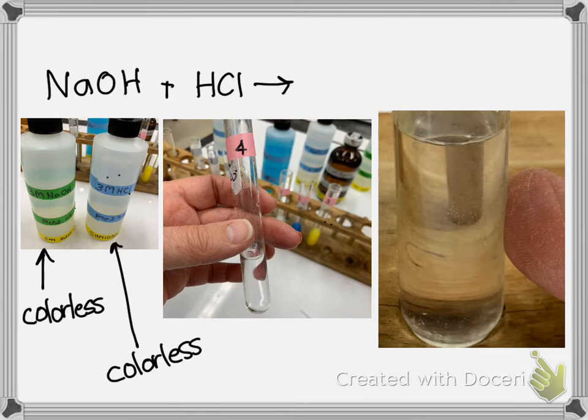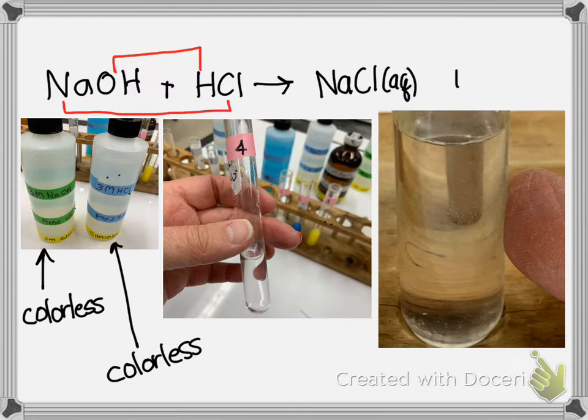And when they switch partners, Na goes with Cl and H goes with OH. And so NaCl, this is sodium chloride, and it just stays dissolved in the solution. And then H with OH, that makes water.